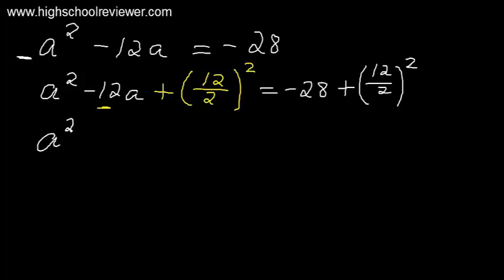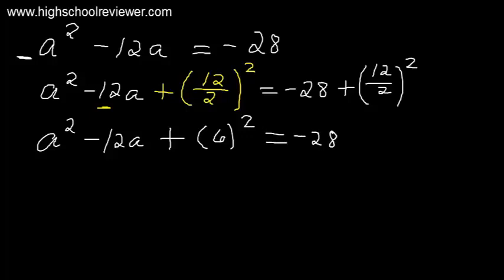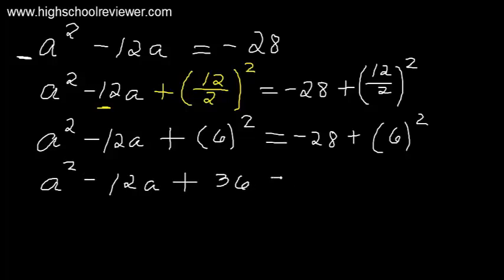A squared minus 12a plus (12 divided by 2, which is 6) raised to the power of 2, equals negative 28 plus 6 raised to the power of 2. So a squared minus 12a plus 36 will be equal to negative 28 plus 36.